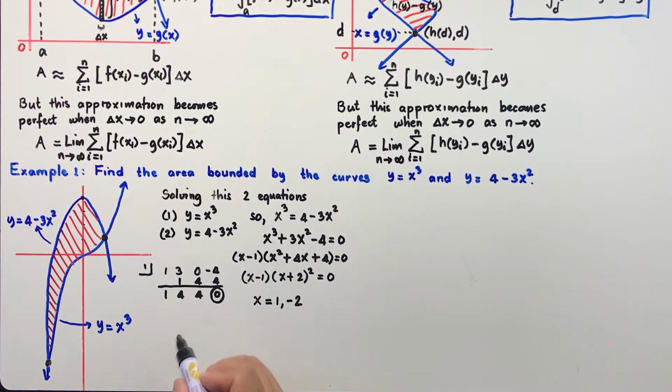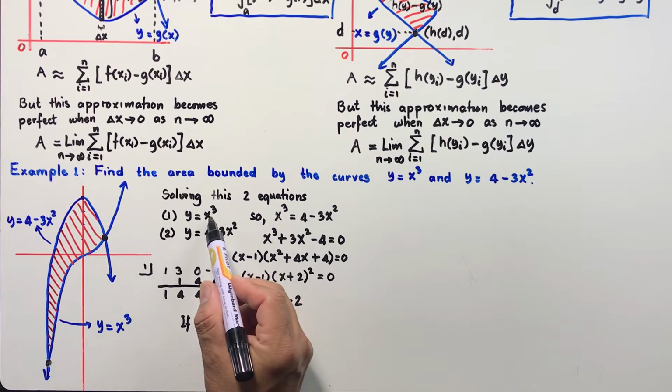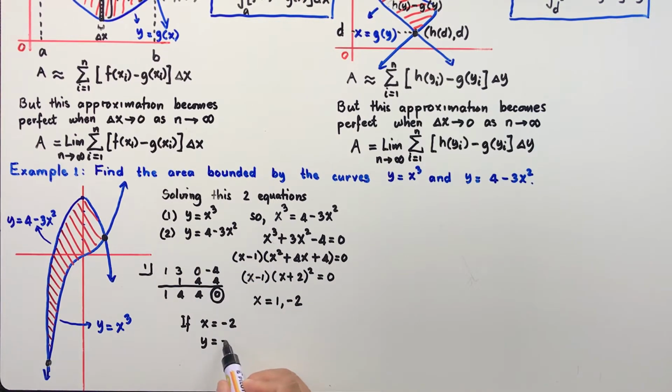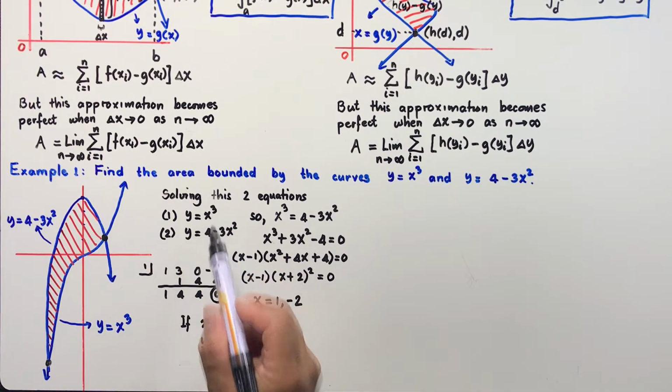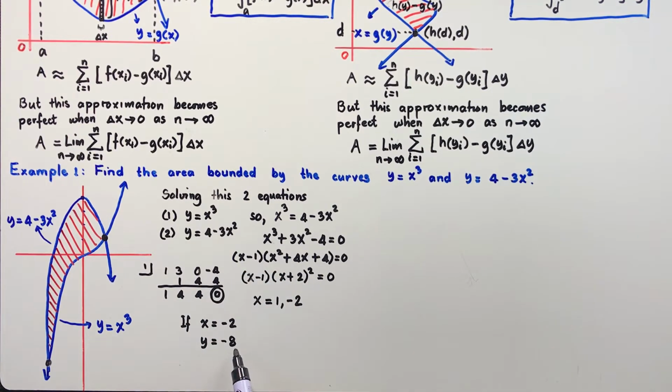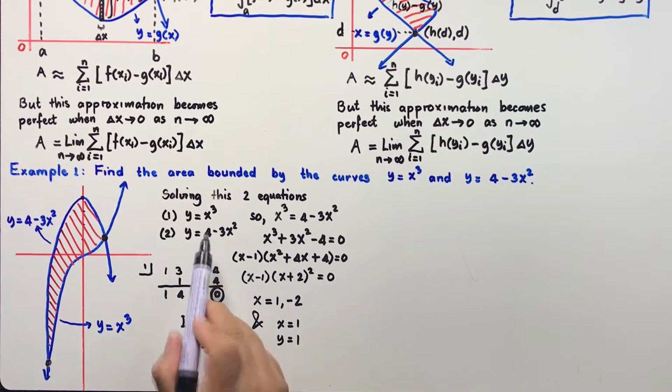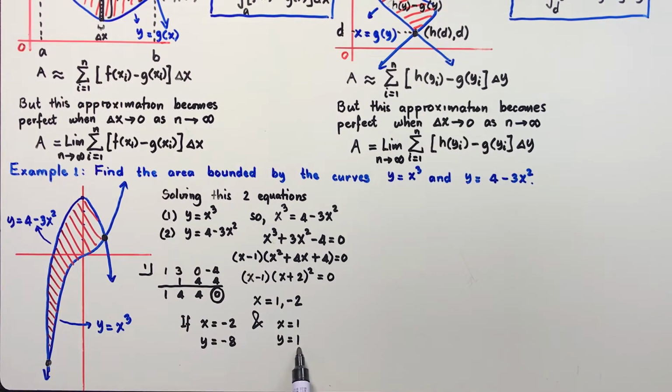So if our x is negative 2, then our y, if you substitute this x to the first equation, is negative 8, because negative 2 to the power of 3 is negative 8. And if our x is equal to 1, our y is also 1, because 1 cubed is 1.